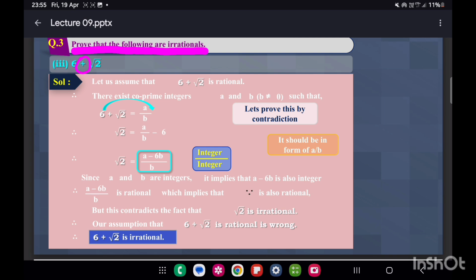Now we have to prove that 6 plus root 2 is irrational.